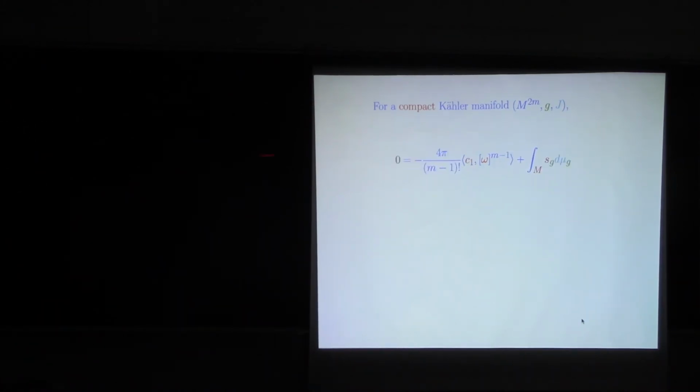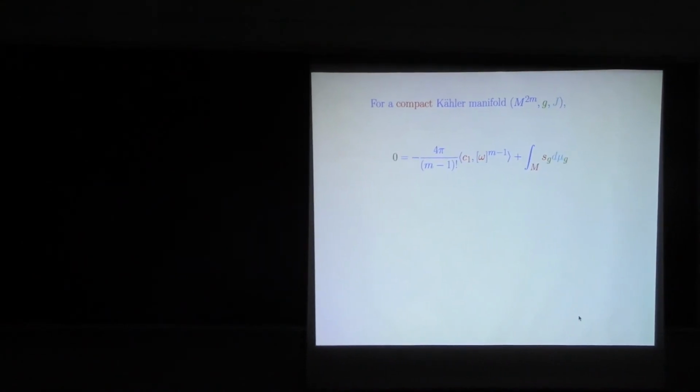And so you would get that a certain combination of the integral of the scalar curvature with minus a multiple of C1 cup omega to the m minus 1 was 0. So this formula reflects the fact that the scalar curvature is the trace of the Ricci tensor, and there's a way of computing that by taking the Ricci form wedge a power of the Kaehler form.